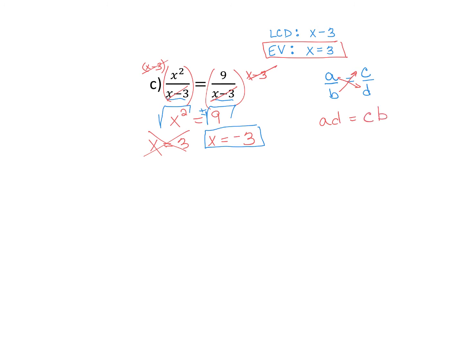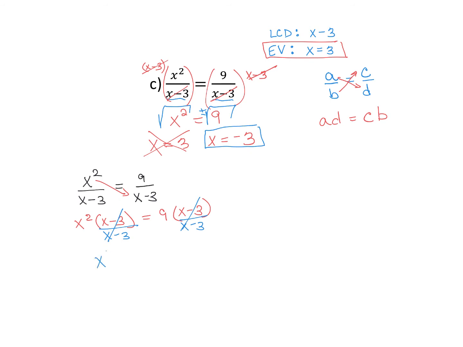So had I done that here, I would have landed with x squared times x minus 3 equals 9 times x minus 3, and then we could divide both sides by x minus 3. So it's just another way to solve this equation because it is a proportion.